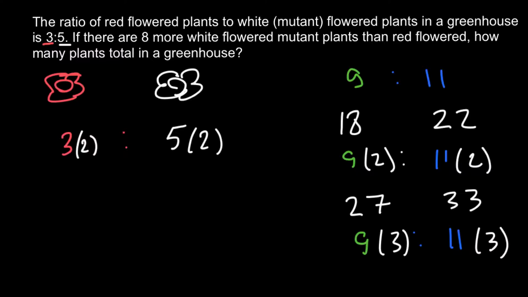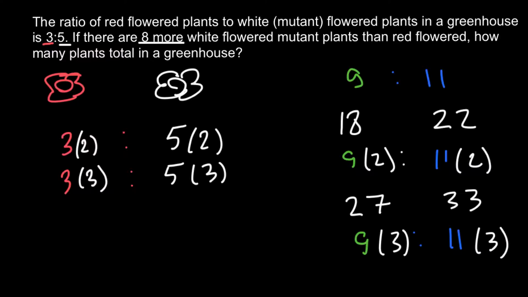If we multiply both sides by 3, then once again we would have the same ratio. Here would be 9 and here would be 15. So 15 minus 9 would be 6, and we are looking for a difference of 8 more white plants.